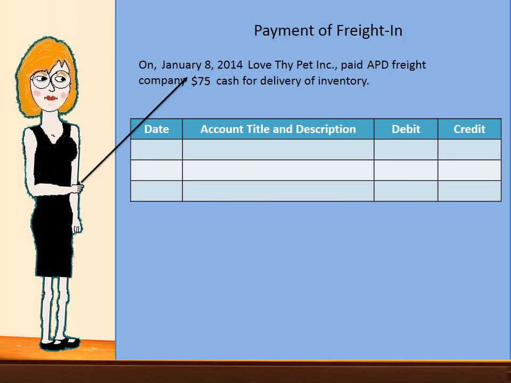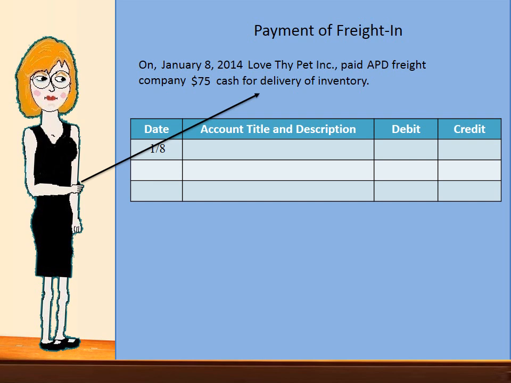Now we will do payment of freight in. Freight in is the charges that we pay to bring merchandise to the store for resale to customers. The date was January 8th. We will put 1/8.